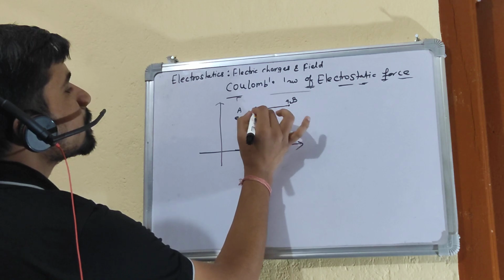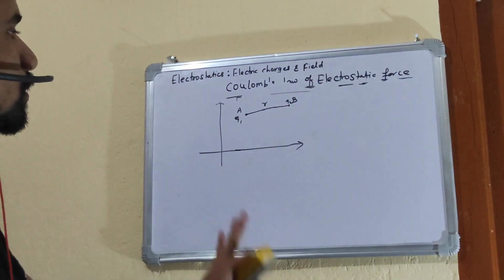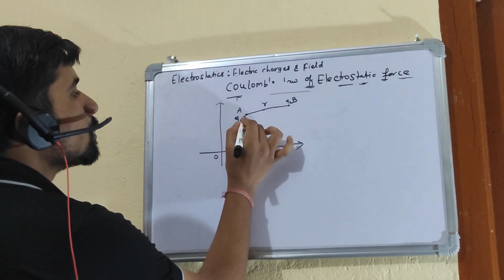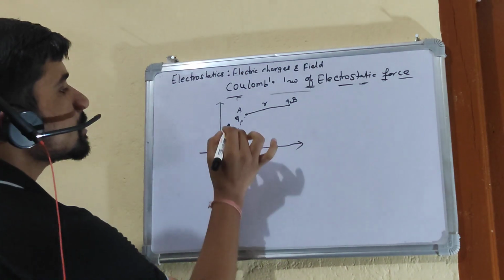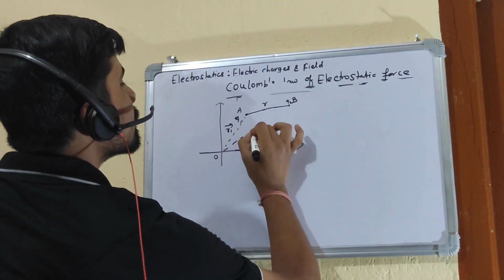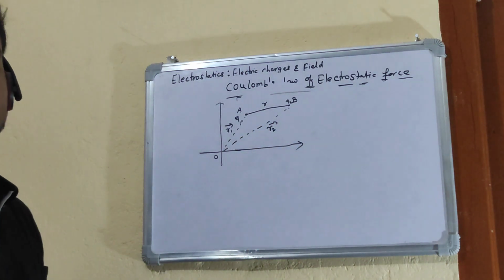The distance between them is r, right? Let me connect these with the origin. If I connect A with the origin, let's say this position vector is r1, and if I connect B with the origin, let's say this position vector is r2, right?